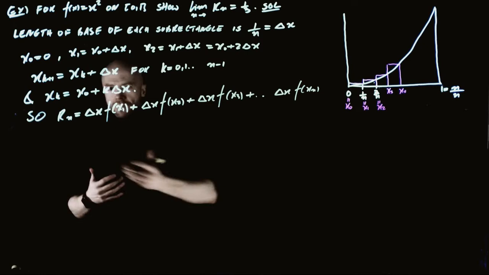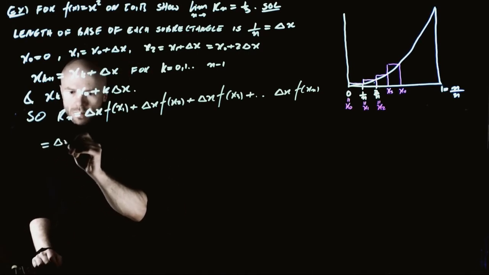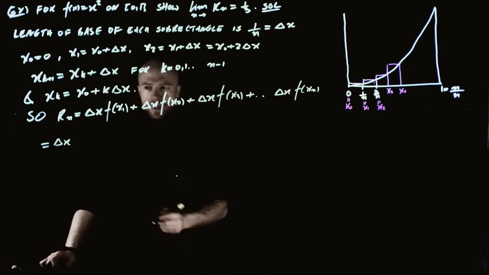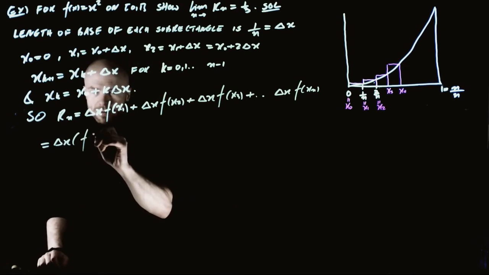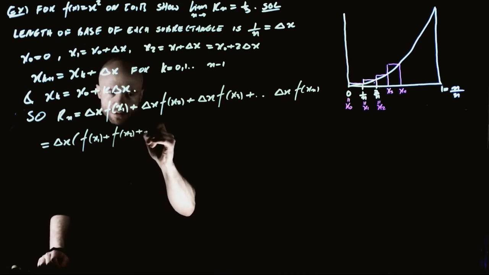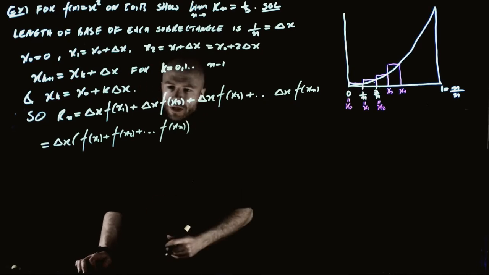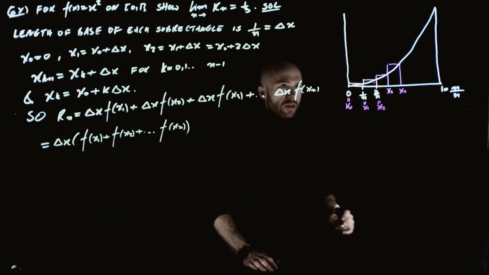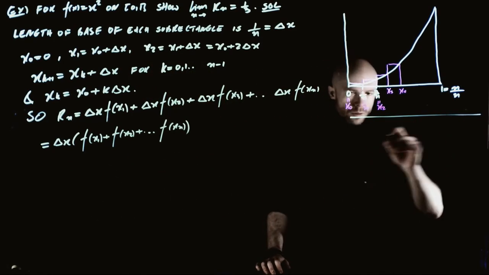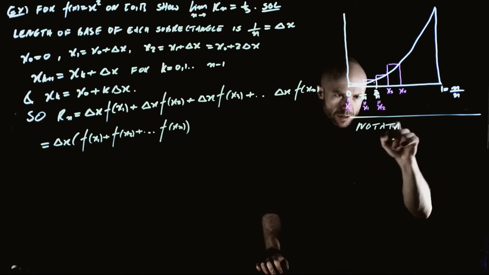Cool. Now I can factor out the delta of x. And now I want to use some notation. If I factor out the delta of x, I would have f of x1 plus f of x2 up to f of xn. But I don't want to keep writing this, so I hope you've seen this notation before.